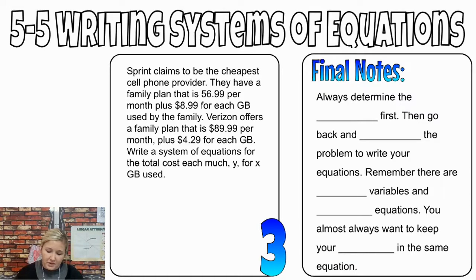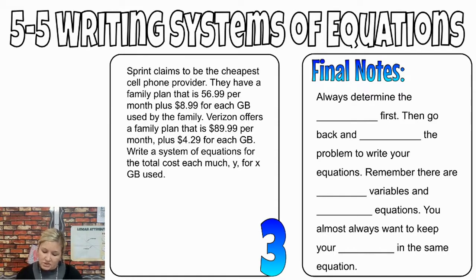Third example. Sprint claims to be the cheapest cell phone provider. They have a family plan that is $56.99 per month plus $8.99 for each gigabyte used by the family. But Verizon offers a family plan that is $89.99 per month plus $4.29 for each gigabyte used.